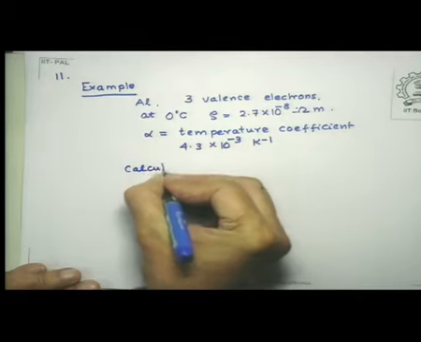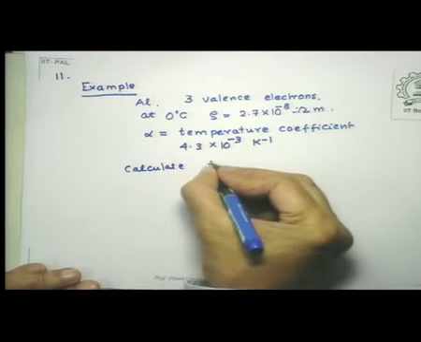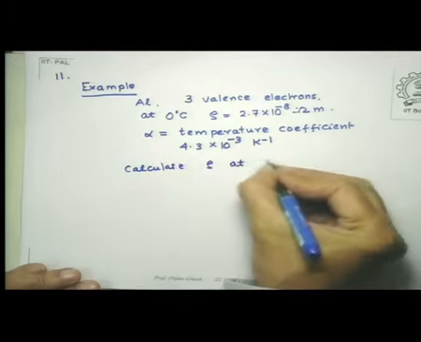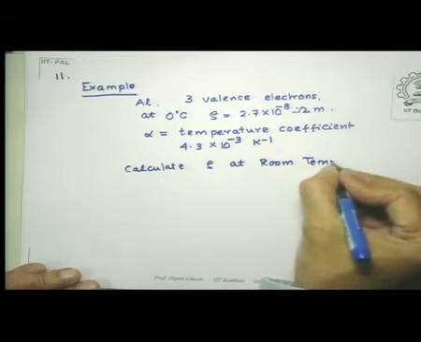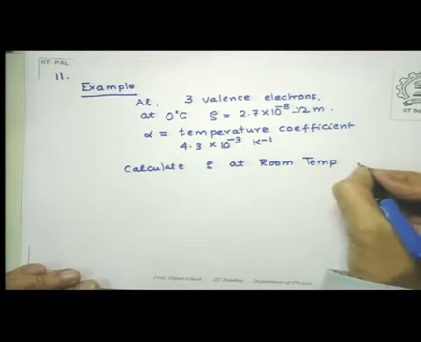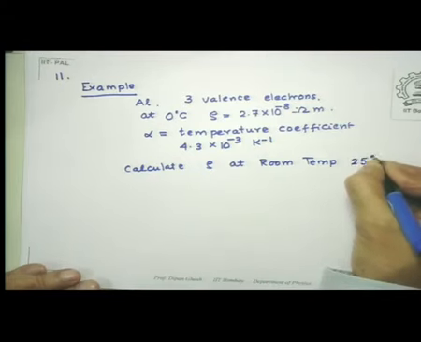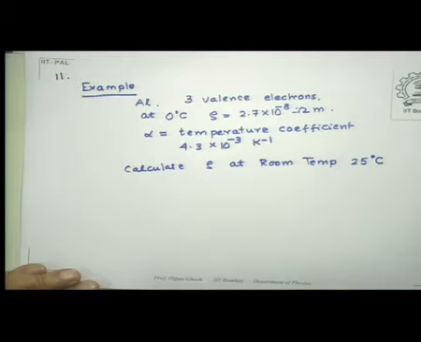So the first thing that we do is we want to calculate the resistivity at room temperature. Let me take the room temperature, this is winter season, to be, let us say, 25 degrees centigrade. I told you anything you can take as a reference.